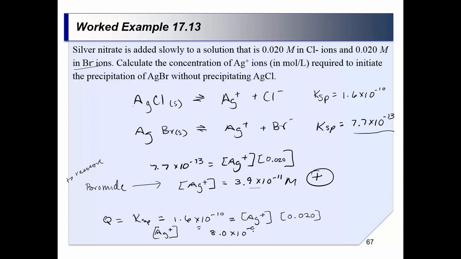So for the silver chloride not to precipitate, I must stay below this number. So if I'm calculating the concentration required to initiate the precipitation, then my concentration of silver must be below 8.0 times 10 to the negative 9th, and must be greater than 3.9 times 10 to the negative 11.